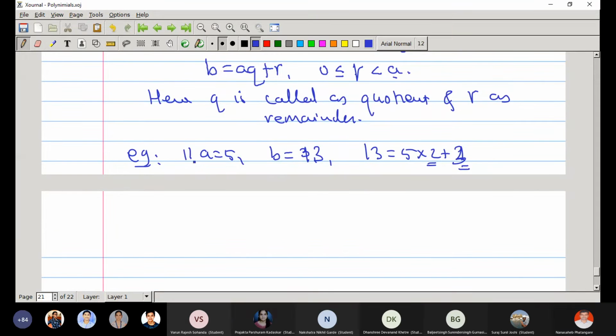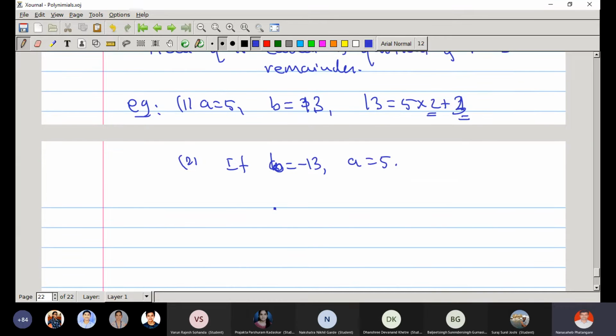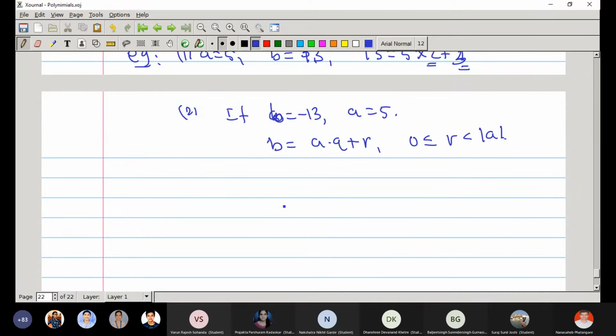In the general case, b is equal to a times q plus r, where the absolute value of r is less than the absolute value of a. So r is always positive. So b is minus 13. I can write 5 times something plus remainder, and this remainder should be between 0 and 5. So what is it here?